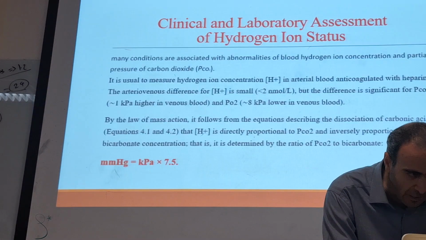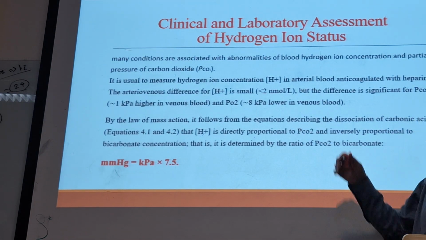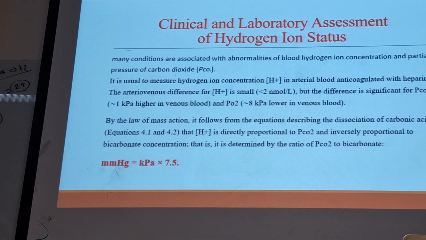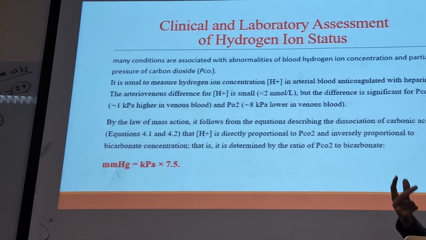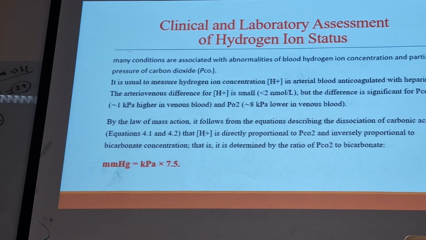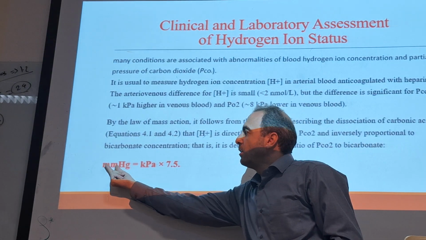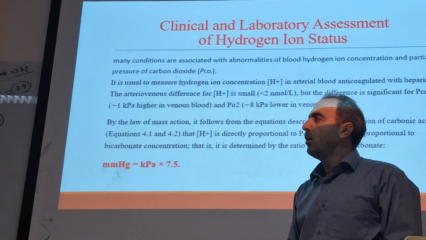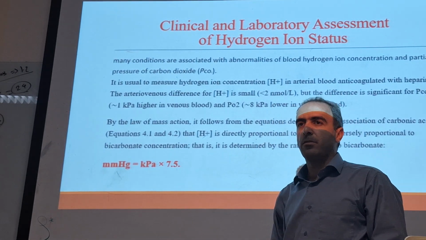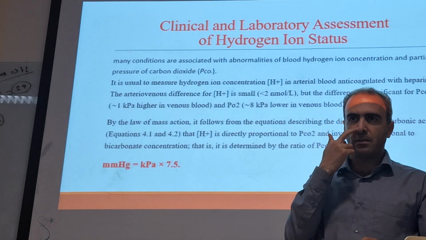But let's have a look at the clinical and laboratory assessment of hydrogen ion status. We use two units. One of them is millimeter of mercury, and one of them is kilopascal in some references.